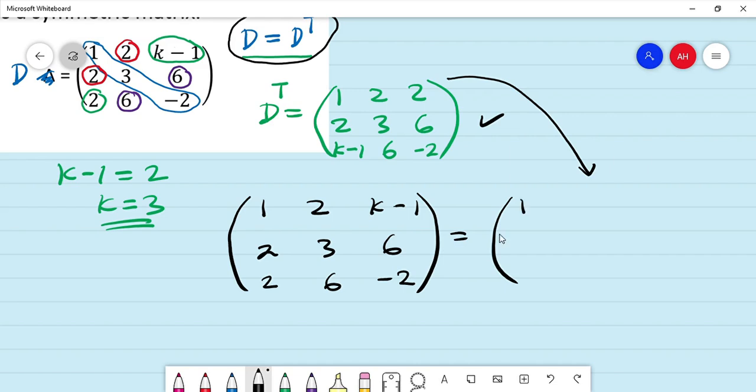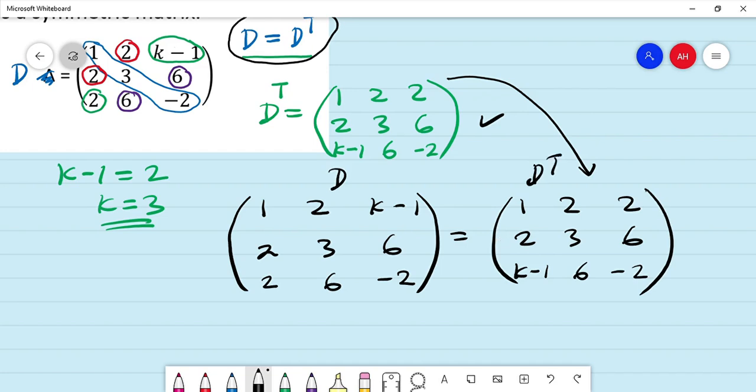That is, we have 1, 2, 2, 2, 3, 6, and k minus 1, we have 6 there, and we have negative 2 here. Okay, this is our D, and this is our D transpose. Must be equal because matrix D is given the information that D is a symmetric matrix.